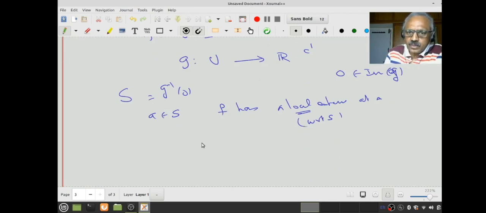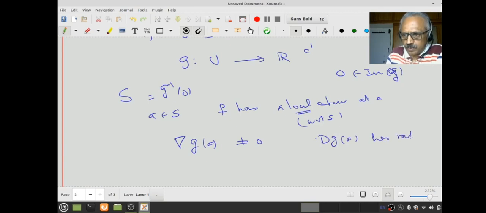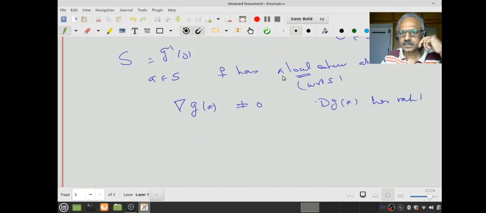Now we are going to assume that the gradient delta G at A is non-zero, that is, dG of A has rank 1. Remember, G takes values only in R. Then what do we want to say?